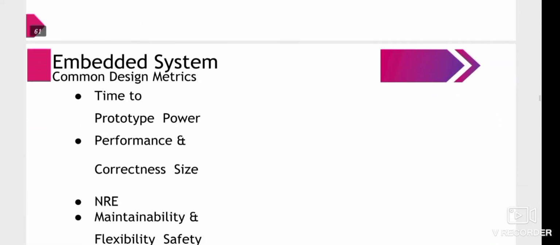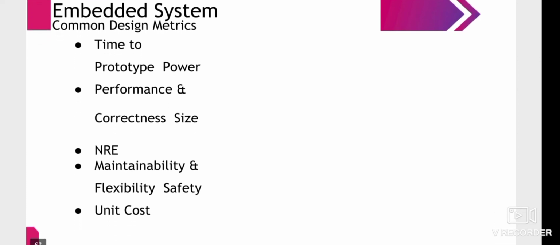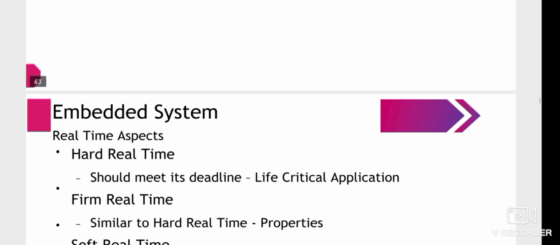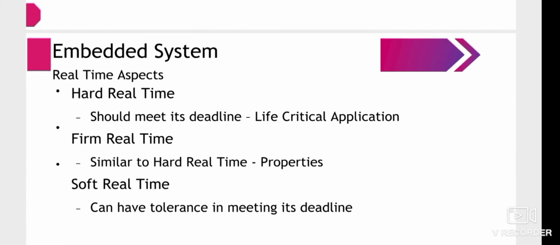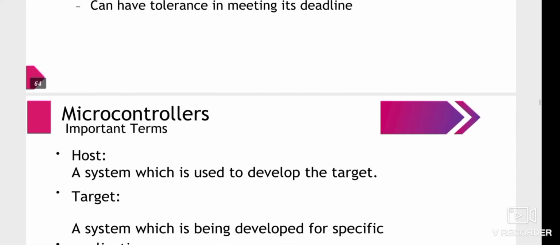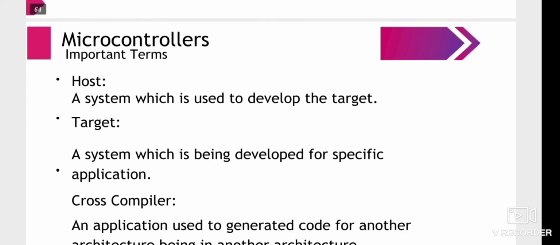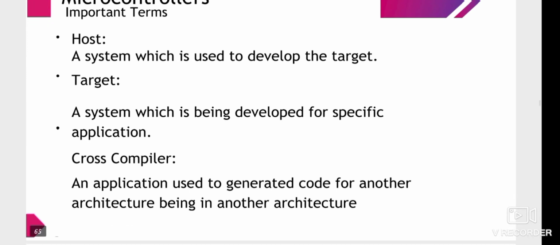Common design metrics: time to prototype, power, performance and correctness, size, NRE, maintainability, flexibility, safety, unit cost. Real-time aspects are hard real-time, firm real-time, and soft real-time. The important terms of microcontroller are host, target, application, cross-compiler.